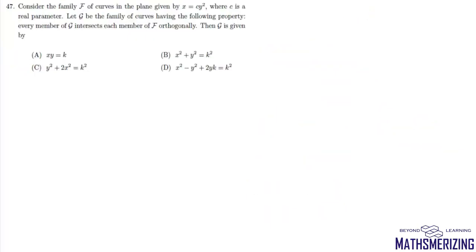Now question number 47 is, consider a family of curves in the plane given by x equals cy square. Now we need to find orthogonal trajectory for this curve. Now for orthogonal trajectory, first we'll find differential equation for this given family. So we'll differentiate, we'll get 1 equals c into 2y into y dash.